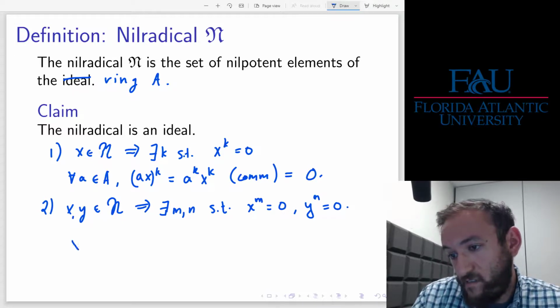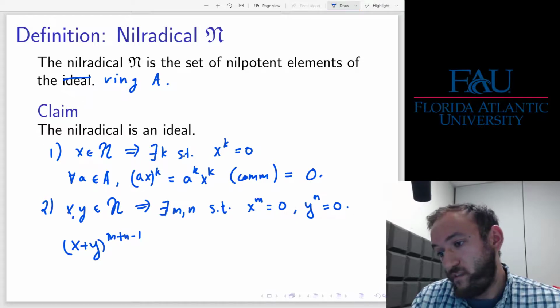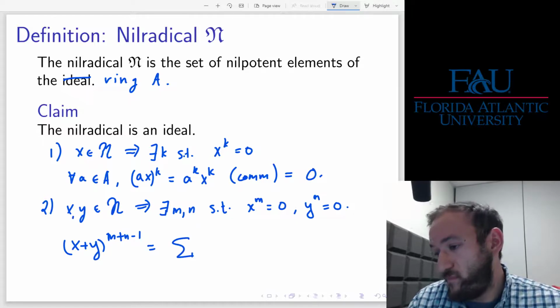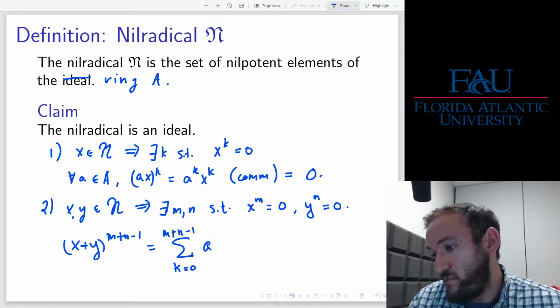Well, if that's the case, let's consider what happens when we raise x plus y to the m plus n minus 1 power. This is going to be the sum from k equals 0 to m plus n minus 1 of a_k x to the k y to the m plus n minus 1 minus k.